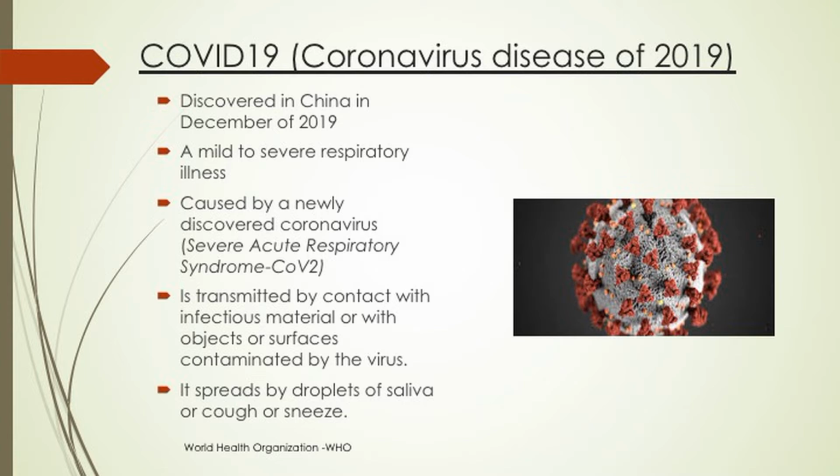SARS stands for Severe Acute Respiratory Syndrome, and the virus is also called coronavirus 2. It is transmitted by contact with infectious materials or with objects or surfaces that have been contaminated with that virus. It is spread by droplets.